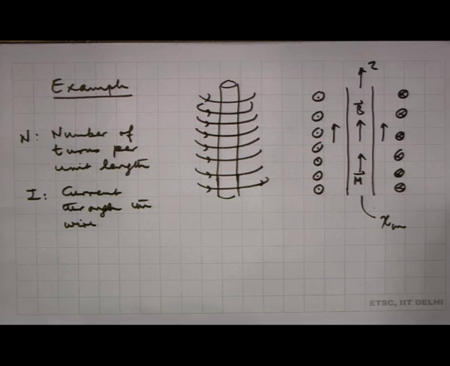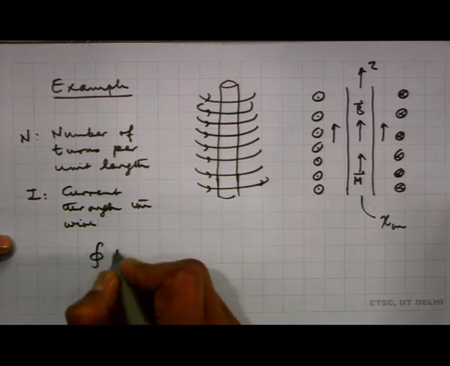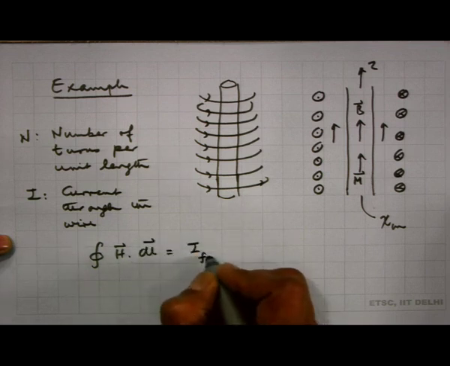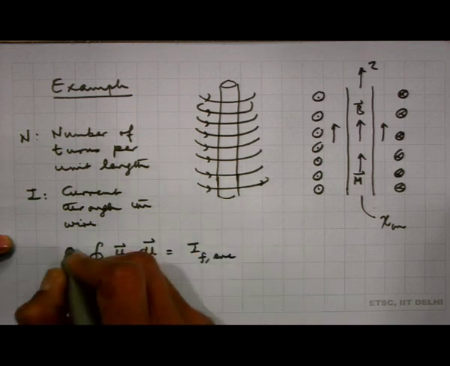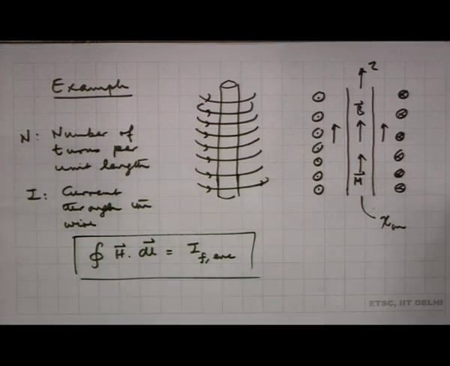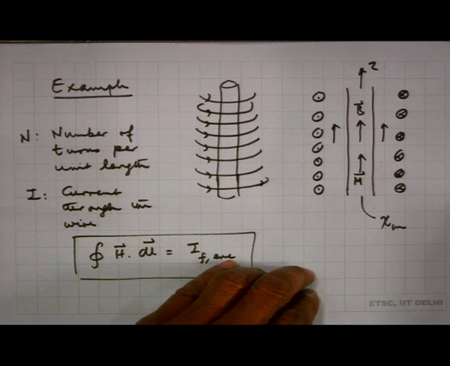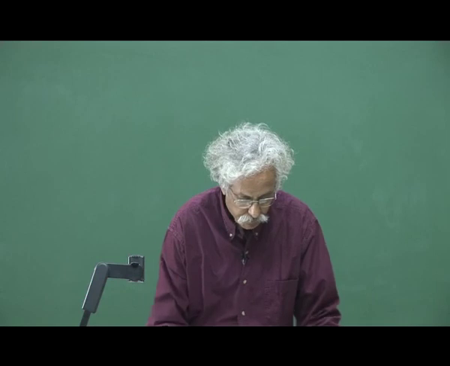Now, I want to use this modified form of Ampere's law, the integral of H dot dl is equal to I free enclosed. That is the Ampere's law which I want to use to calculate the H vector everywhere, because this equation is in terms of the H vector. I will calculate the H vector everywhere, and from the H vector I will be able to calculate the B vector. So, now let me draw this figure again.